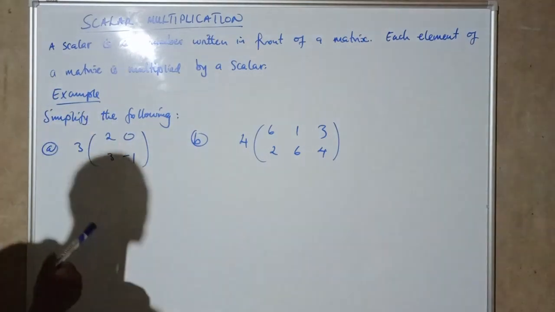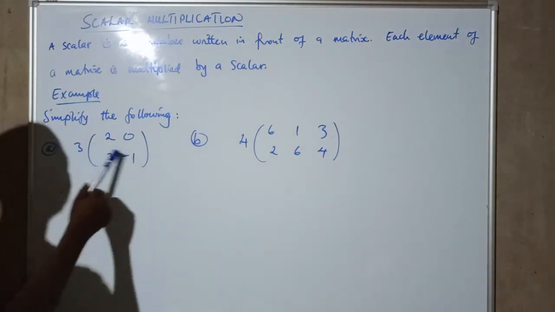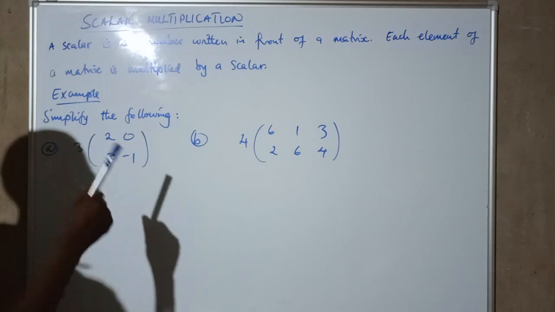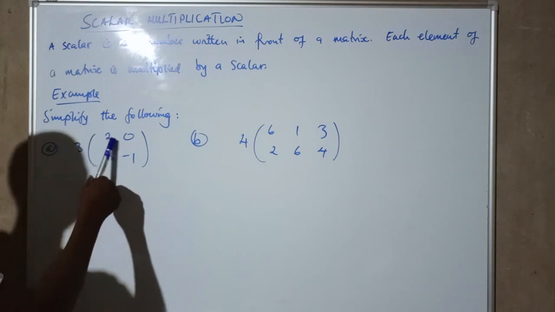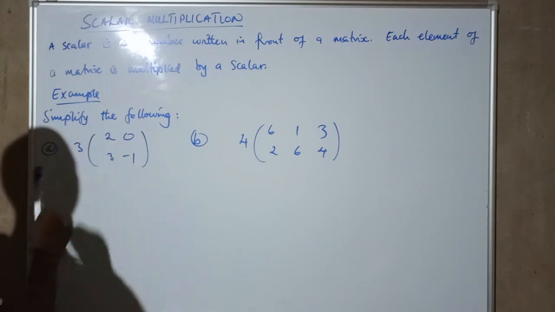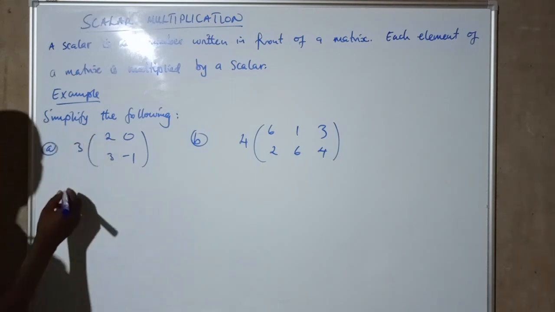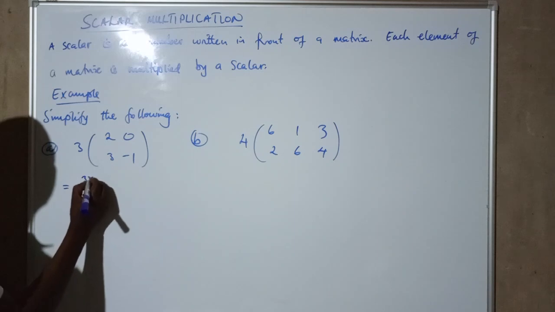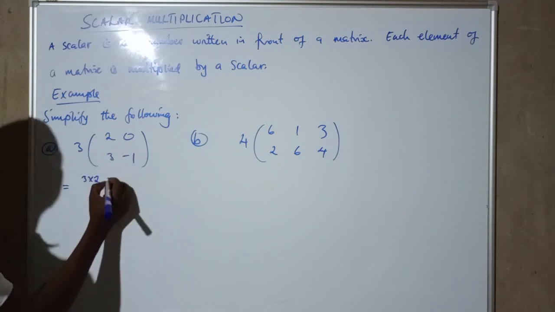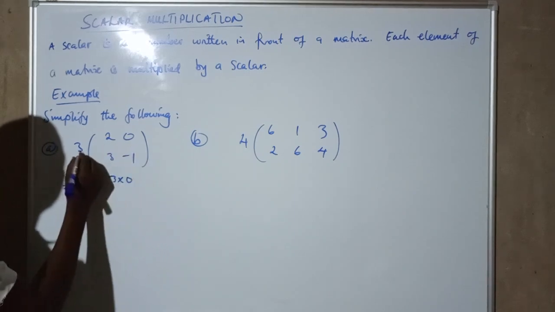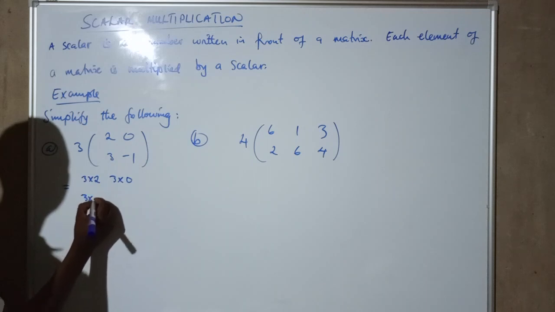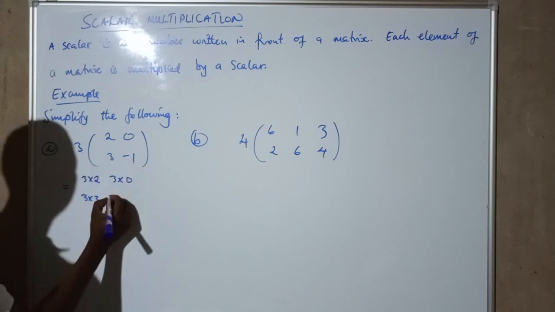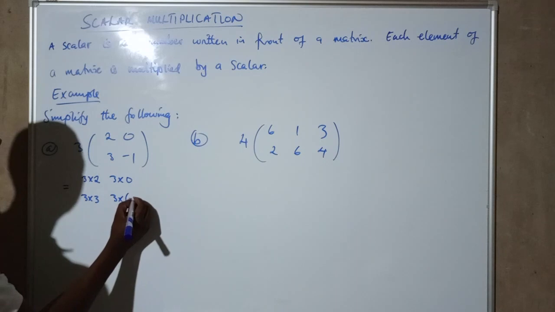So how? Because a scalar is in front of this matrix, you must multiply each element inside the matrix with this scalar. So the answer is going to be like this: 3 times 2, 3 times 0, 3 times 3, 3 times -1.